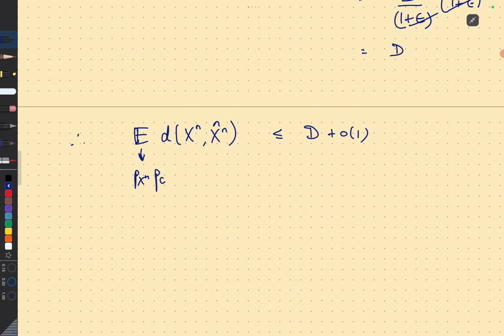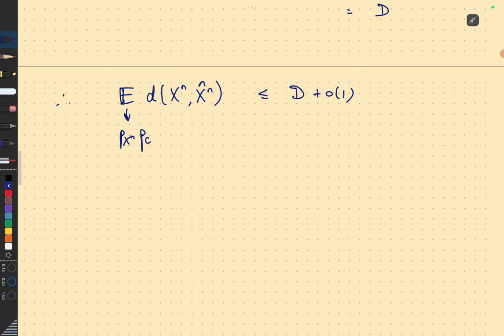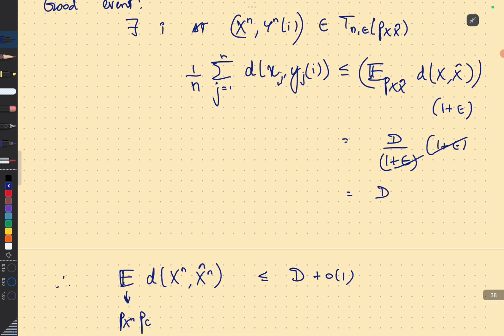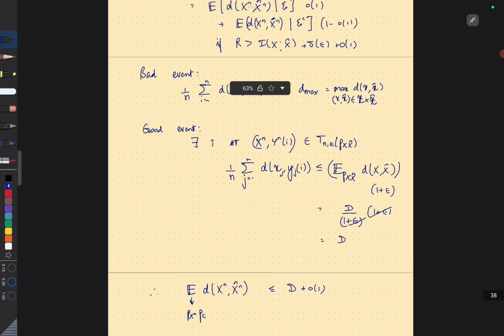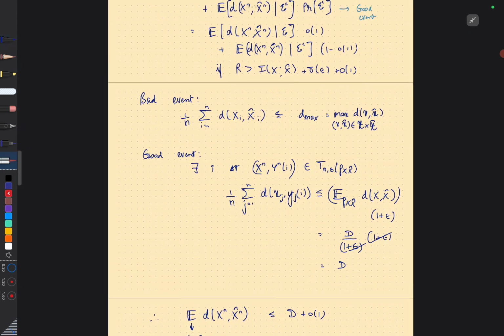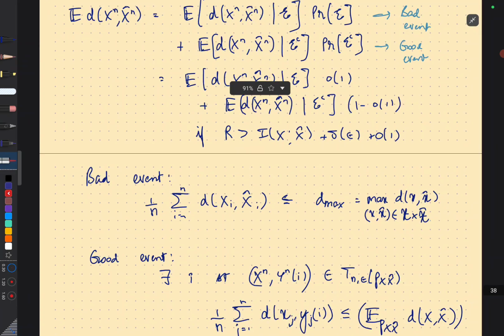Questions? So there are two events, right? Remember that the expected distortion is equal to this quantity plus this quantity, right?